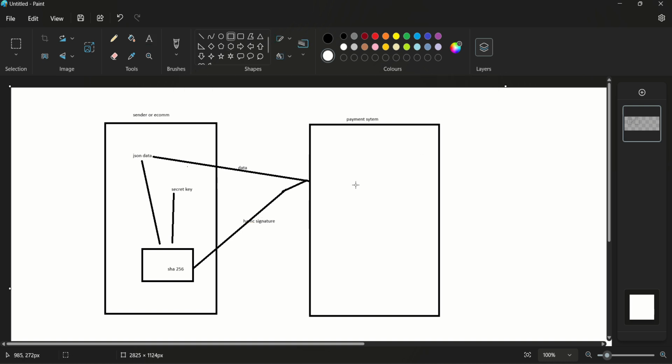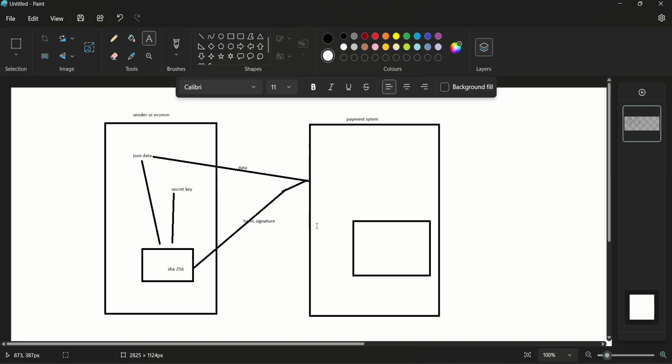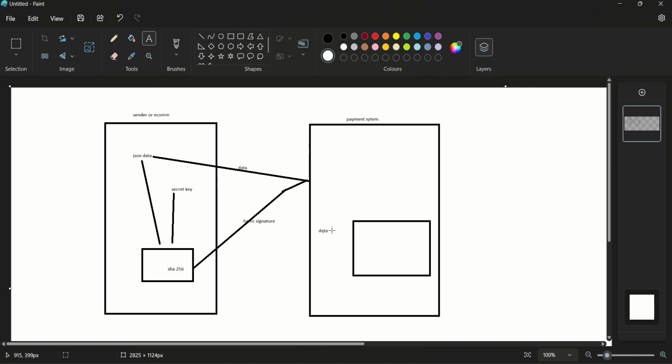When it receives the HMAC signature, it can re-verify it with the data, because the secret key is given to both the sender and the payment system by the tech lead or project owner.